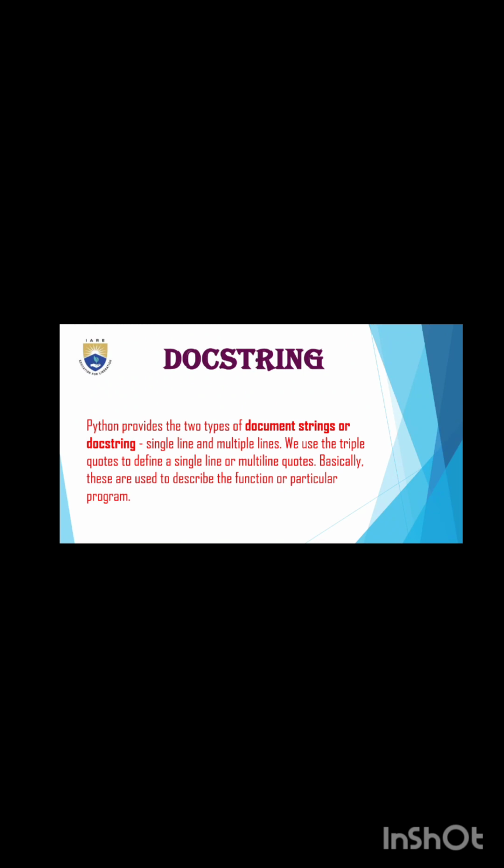Now we see some examples. Code: class ClassName, colon, hashtag class naming rule. C is equal to 1, constant naming rule. _variable is equal to 2020, hashtag variable naming rule. Print, the constant value is C. Def _method(self), hashtag method naming rule.